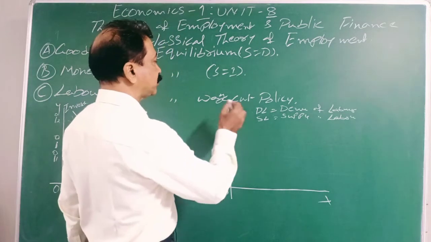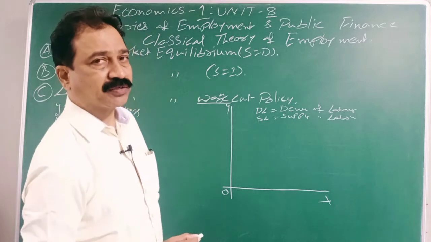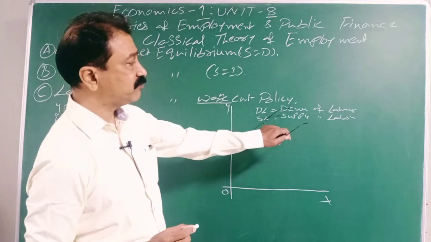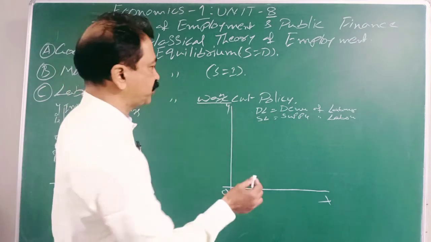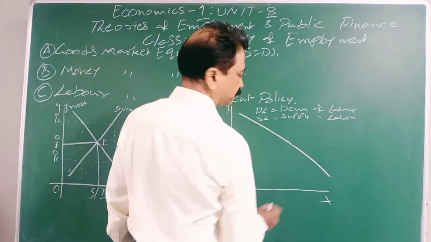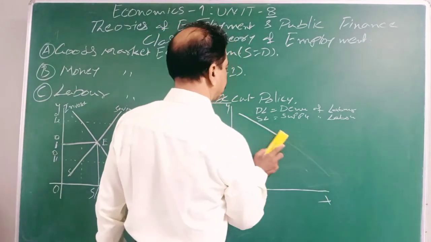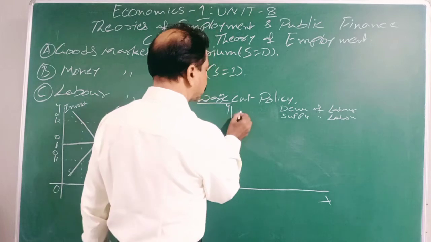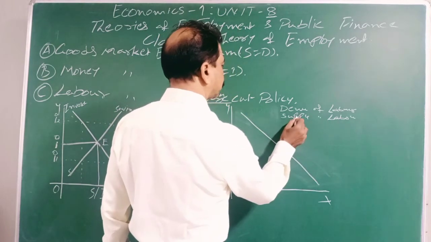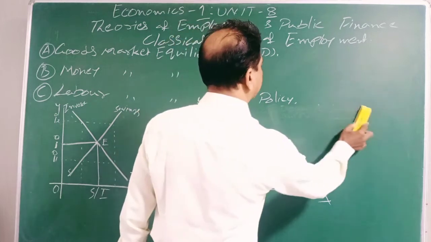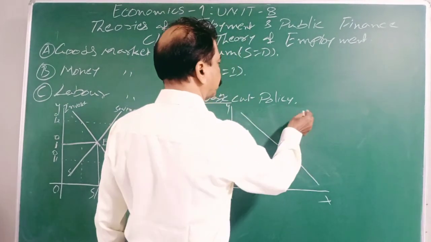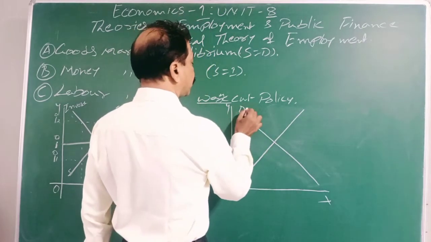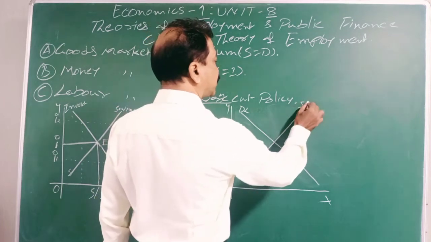So, wages have a positive relation with supply of labor and an inverse relation with demand of labor. See how it is. Here we are showing the demand of labor. This is demand of labor and this is supply of labor.